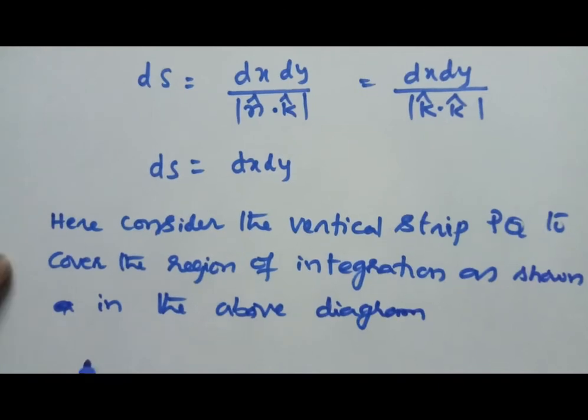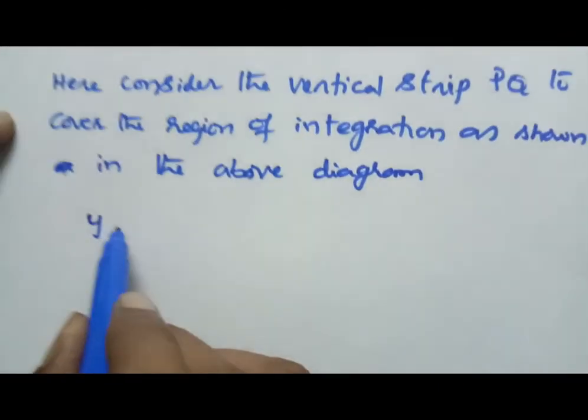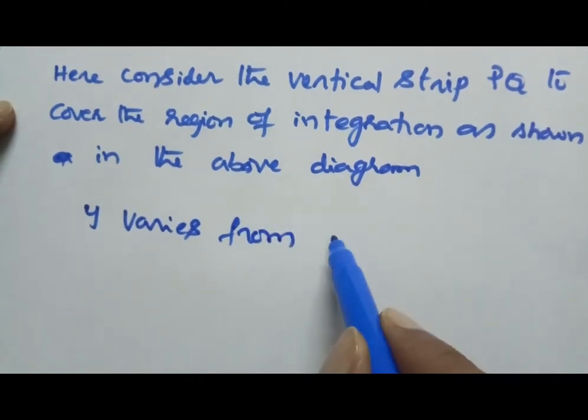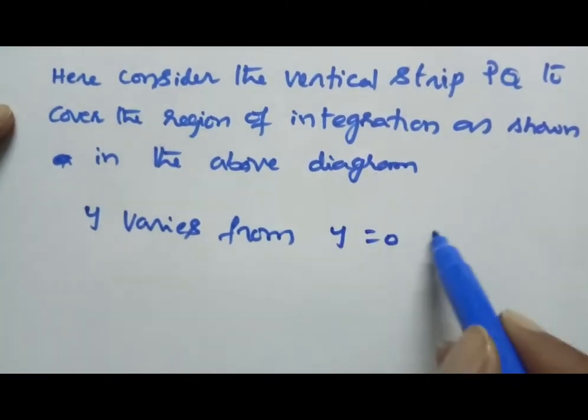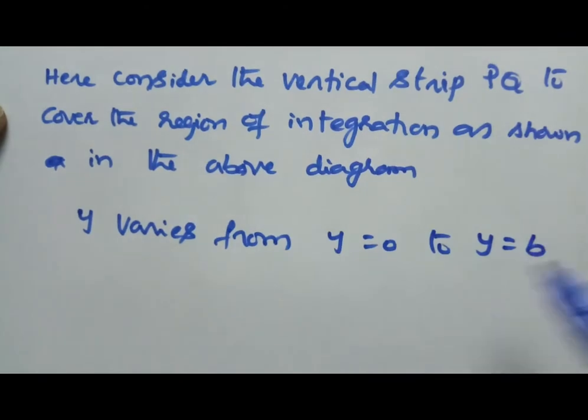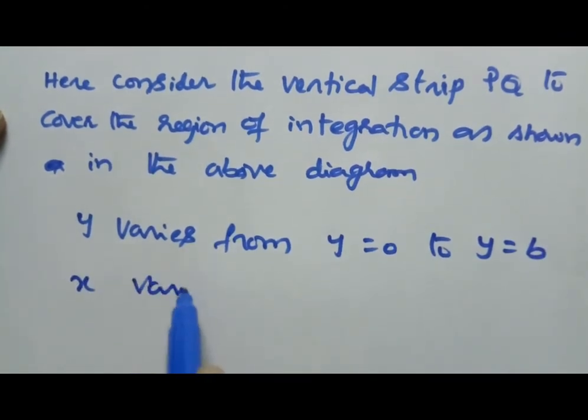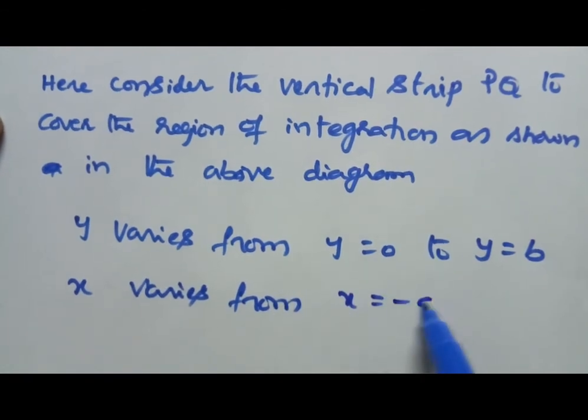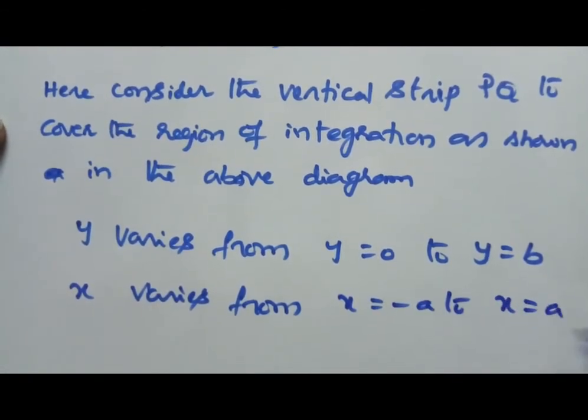Therefore, y varies from 0 to b and x varies from minus a to plus a.